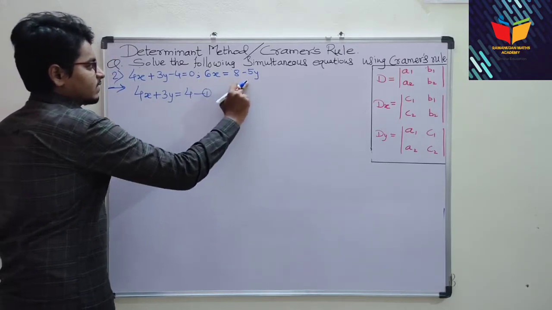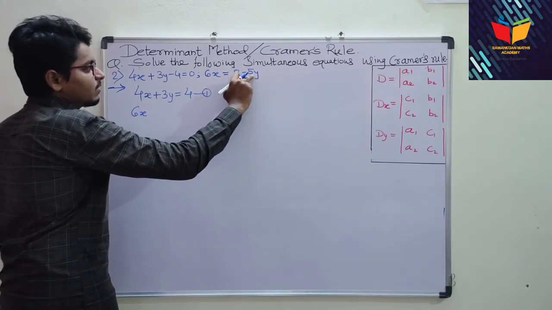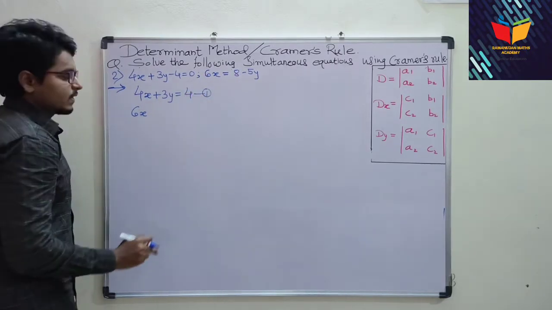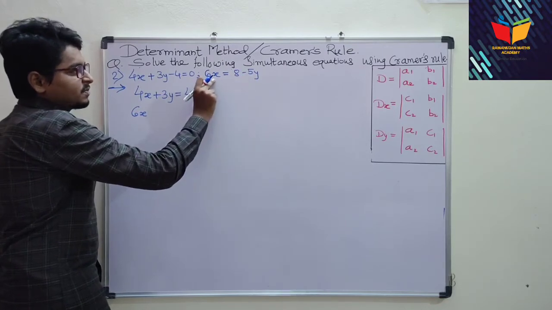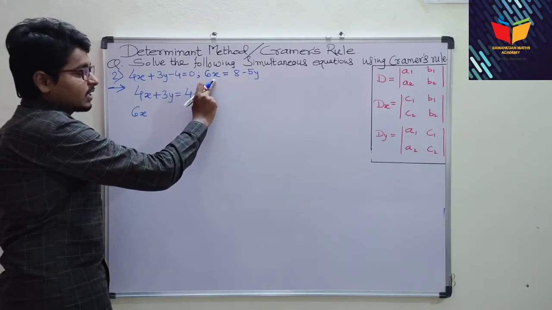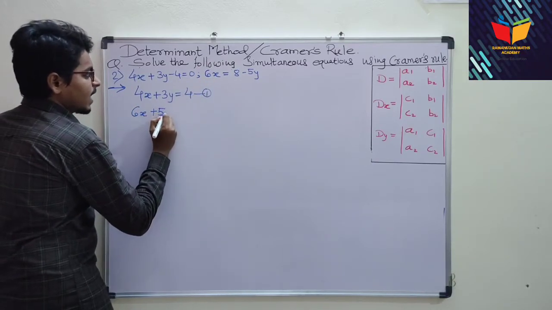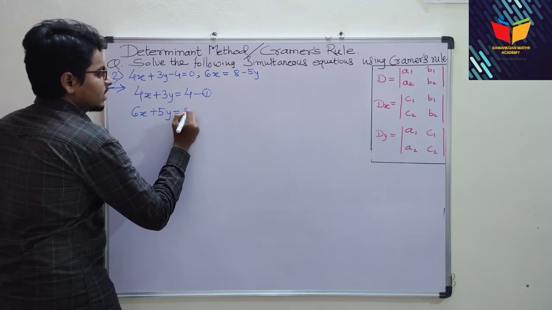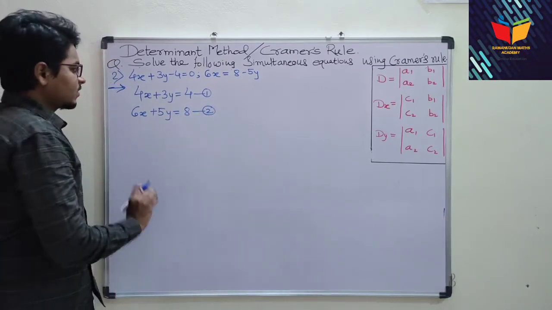And in this equation 6x equal to 8 minus 5y, we have to shift the 5y to the left of the equation. So here it is minus. When it shifts to the left side of the equation, it becomes plus. So 6x plus 5y is equal to 8 as it is. Equation number 2. Now it is our standard form.